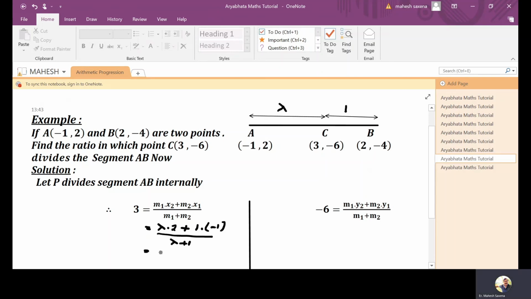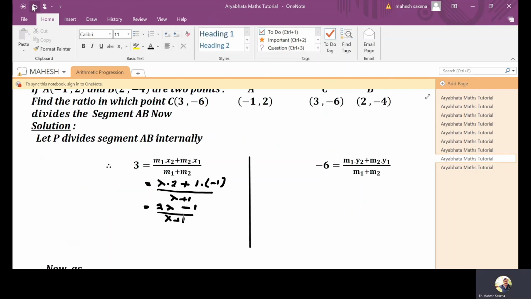Therefore, it is equal to (2 lambda minus 1) upon (lambda plus 1). When we cross multiply, we get 3 lambda plus 3 is equal to 2 lambda minus 1. Therefore lambda is equal to minus 4.